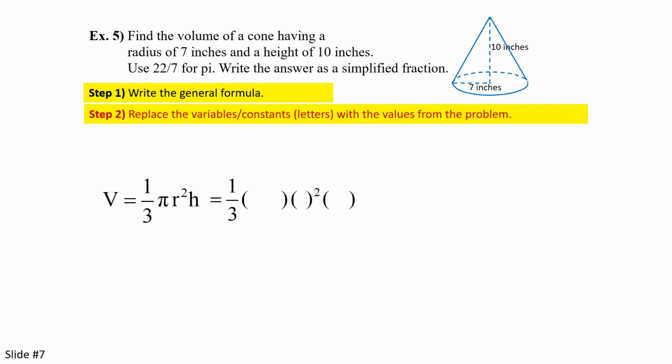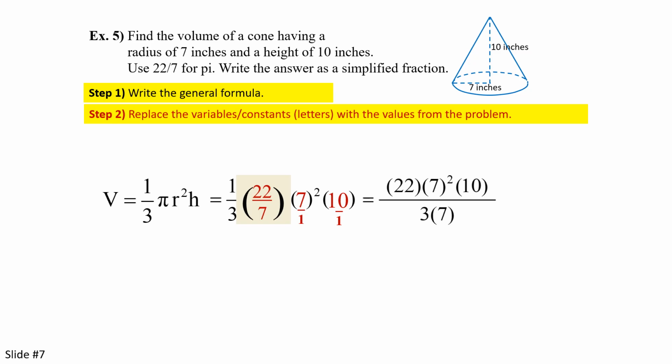Now we're going to put the values in for the letters. Pi we're given as 22/7. The radius is 7, and the height is 10. I like to see my fractions here since I've got a pi as a fraction. It makes it easier to tell what's on top and what's on the bottom.